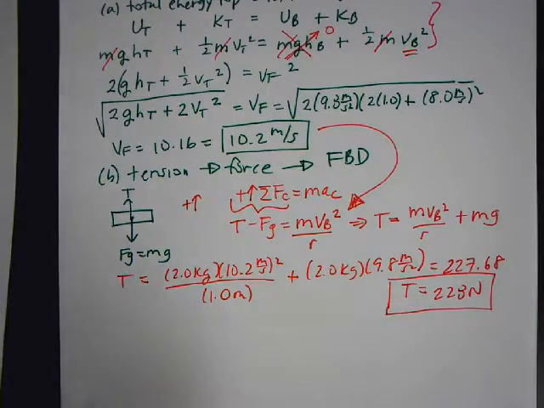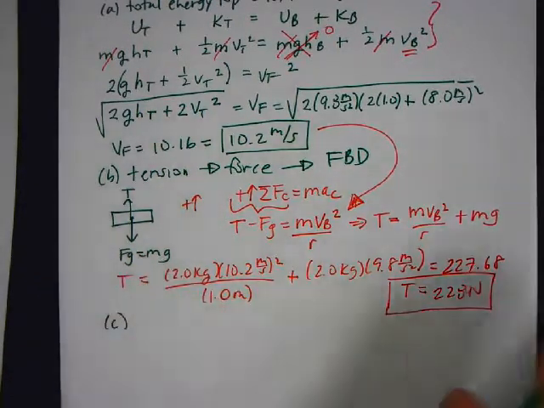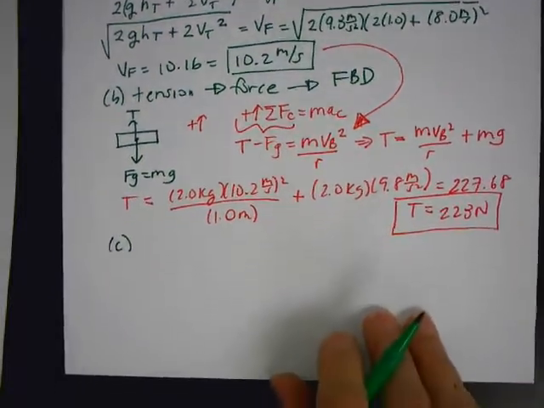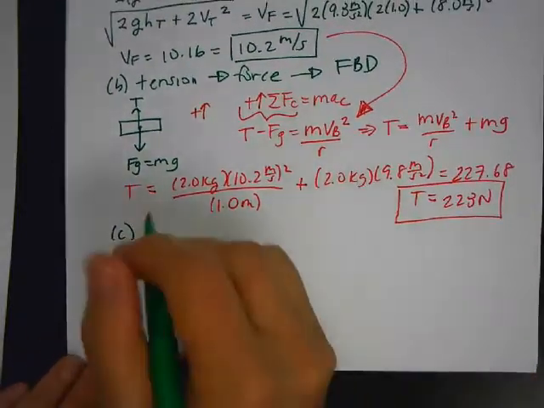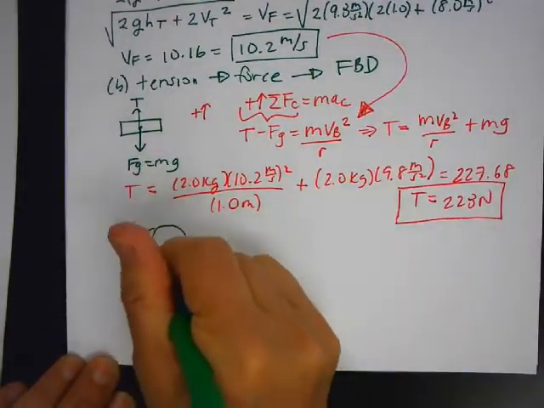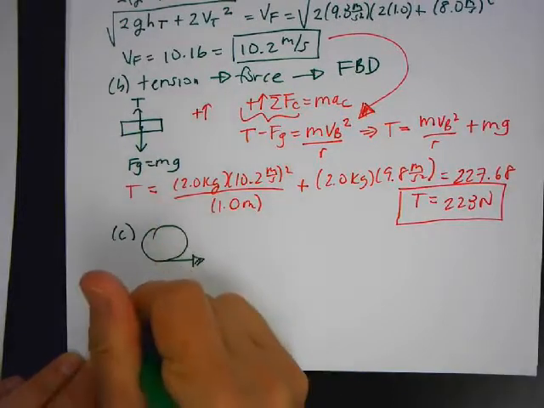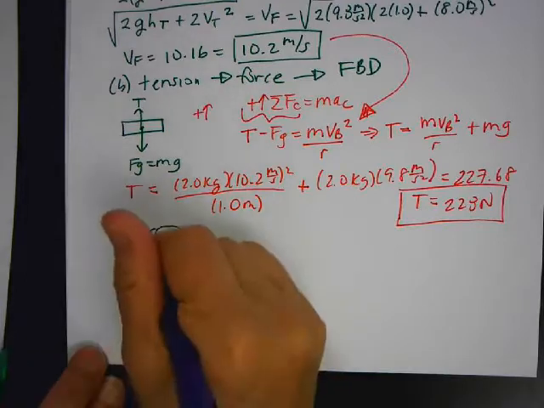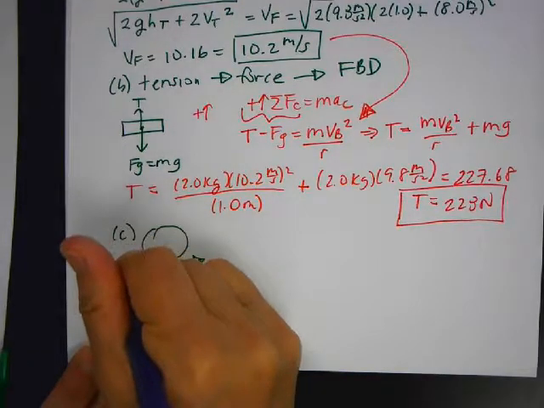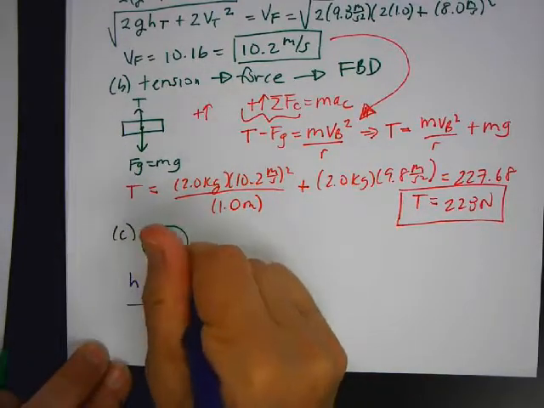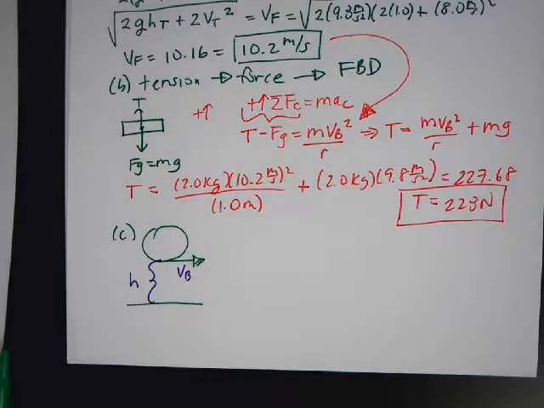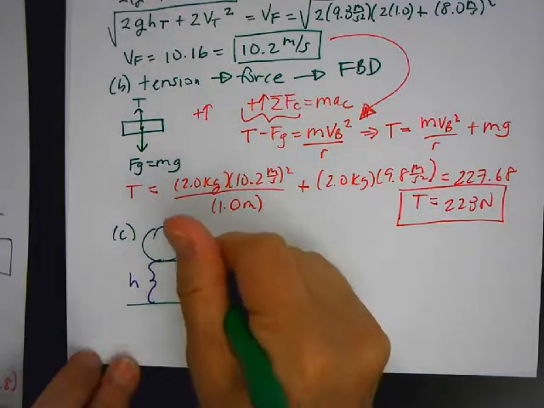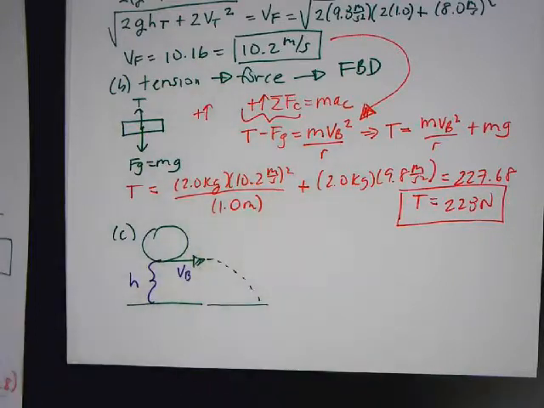And then part C says, how far does it land? So now let's look at a picture, because when you draw a picture to help solve something, that's how you conceptualize it. So they gave us this height. We know that the velocity at the bottom is tangent to the curve at that one point and that one point only. And now when it goes off, it's going to be a projectile.